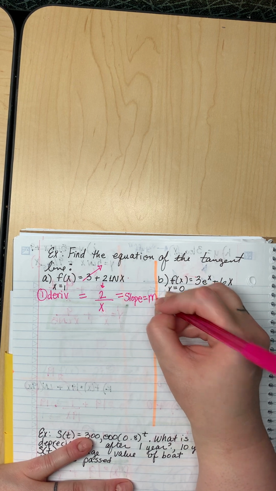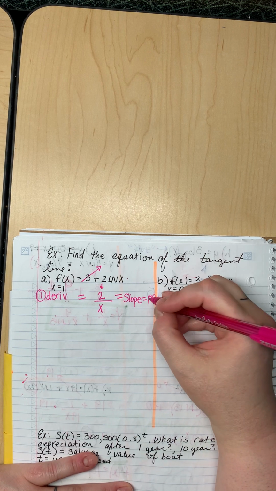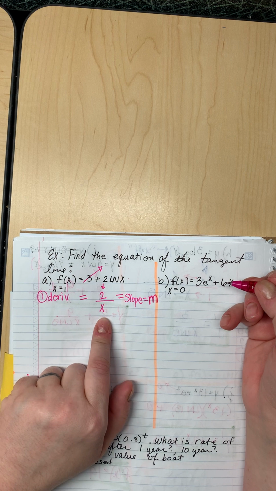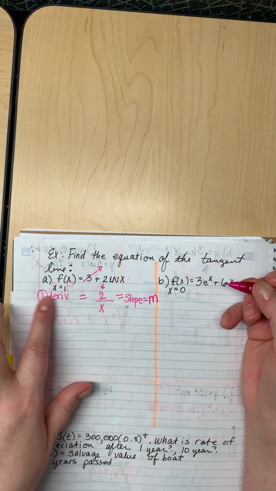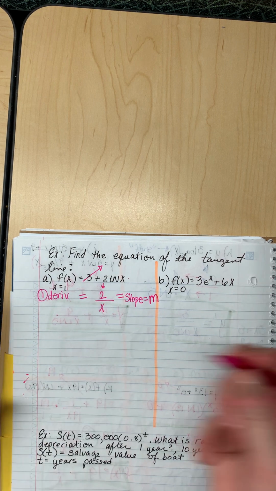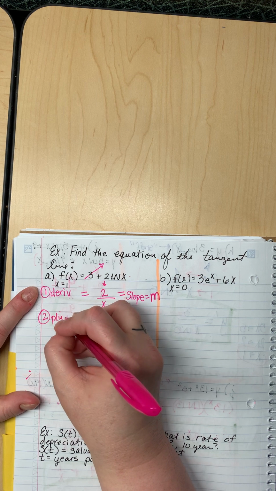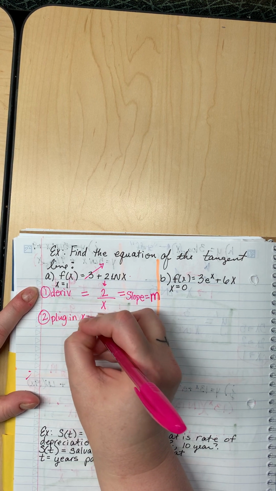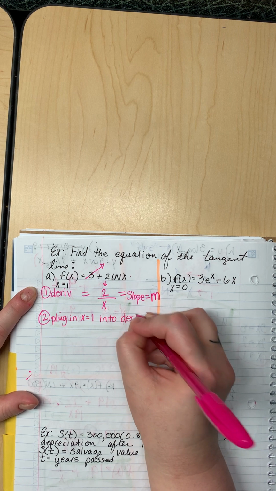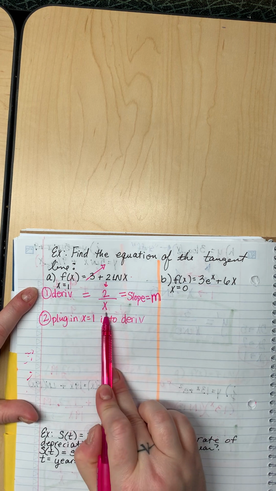So the thing is, our slopes are usually fractions, but as in fractions with only numbers. This has a letter x in it. So now they said x equals 1, so we're gonna plug in this number 1. Our second step is to plug x equals 1 into the derivative. That will give me a slope that is just a plain old number, not a number with an x on the bottom.